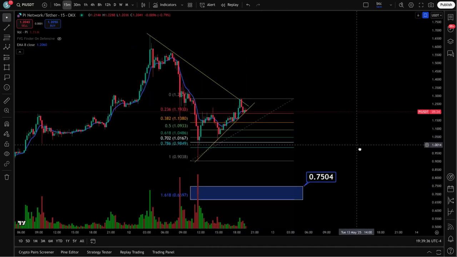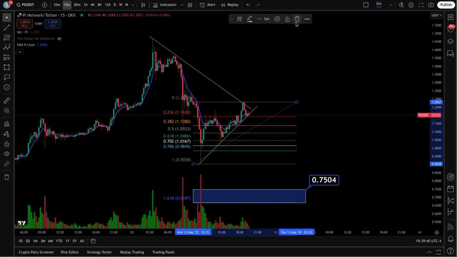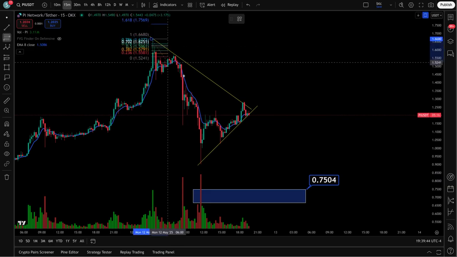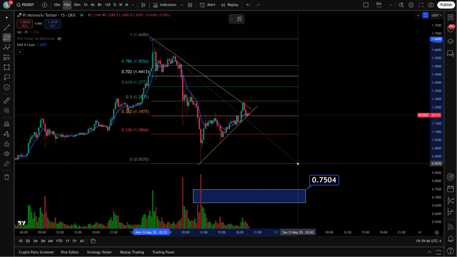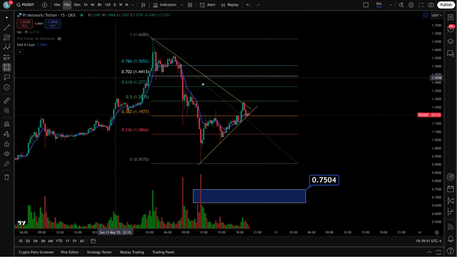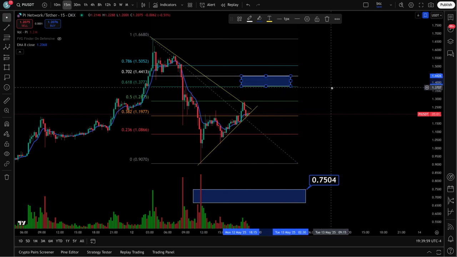Now, if it breaks to the upside, all right, we get a break up, you'd be looking for 618 or 702 to start right up in here, and right up at that dollar 37 to $1.44.